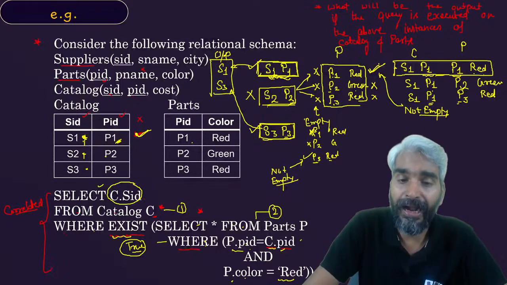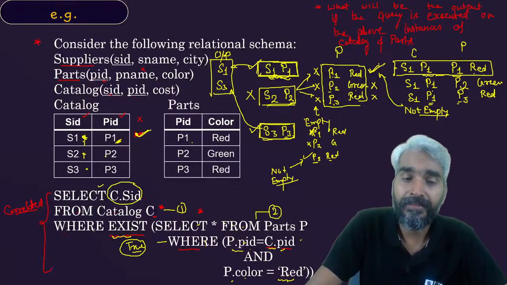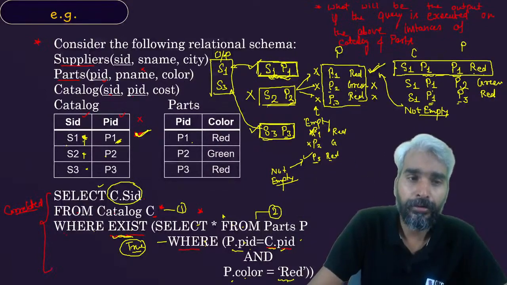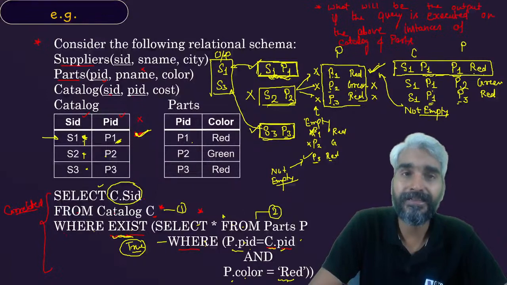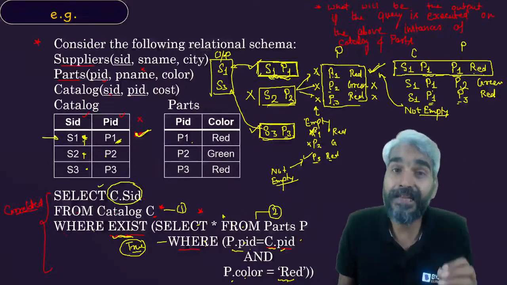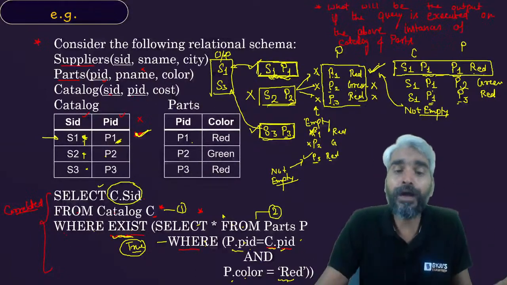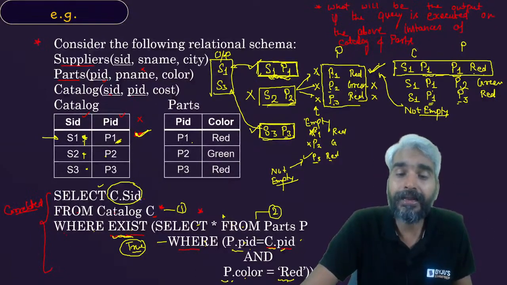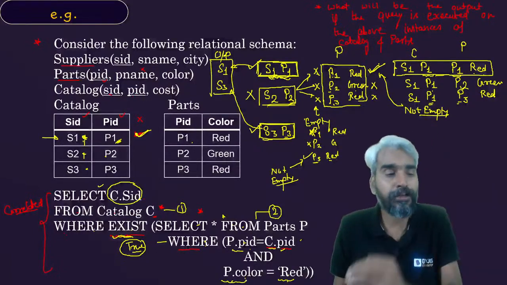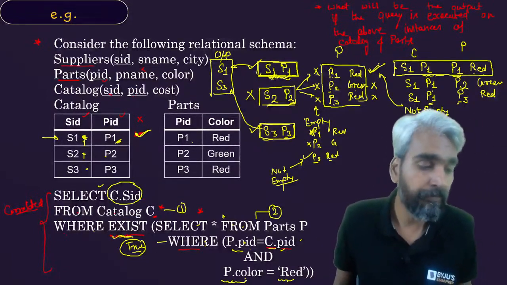If it is, then that tuple will be selected, EXISTS will be true, and the SID of that tuple will be selected. So it is producing the SIDs of the suppliers who have supplied some red color parts.